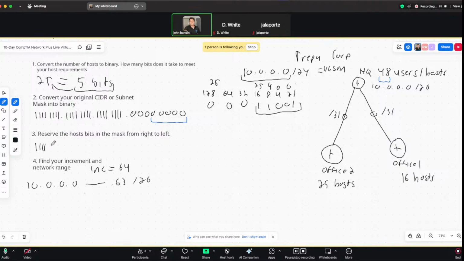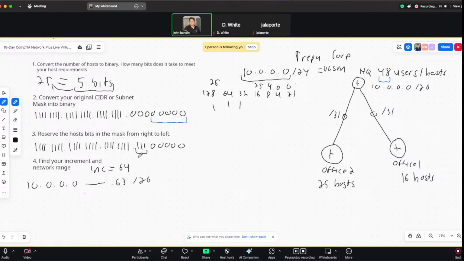So our new subnet mask would be this. Remember, we reserved 5 host bits. That's how many bits we need to equal the number 25. So here's our new subnet mask. These 1 bits, we put them back up on our chart. 1, 1, 1, 1.